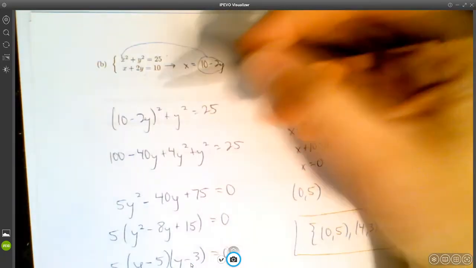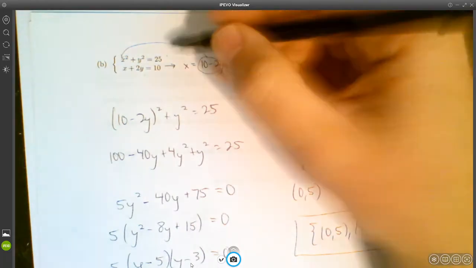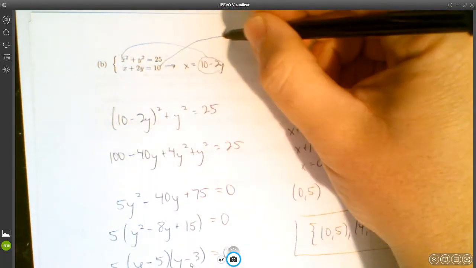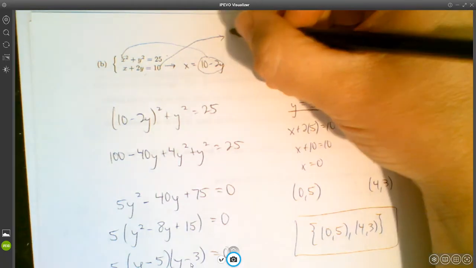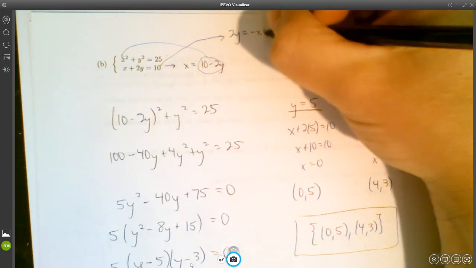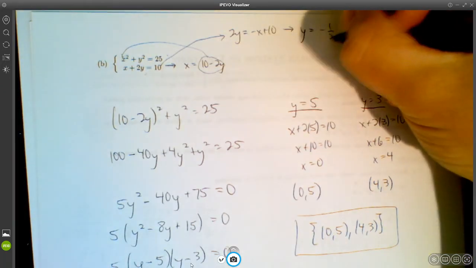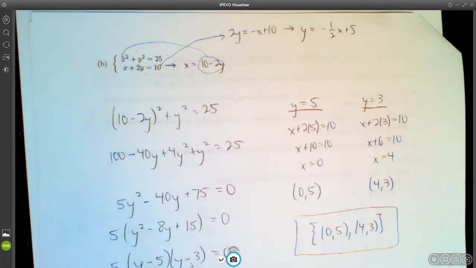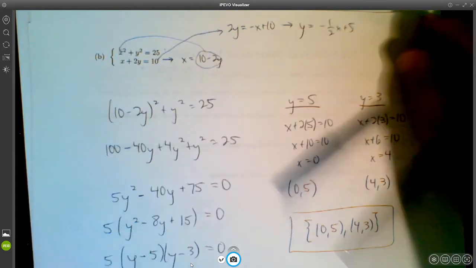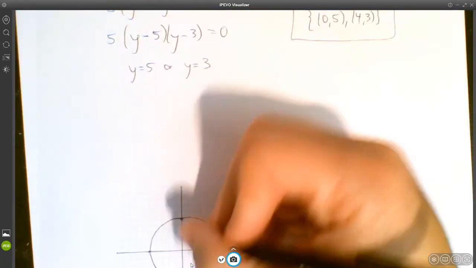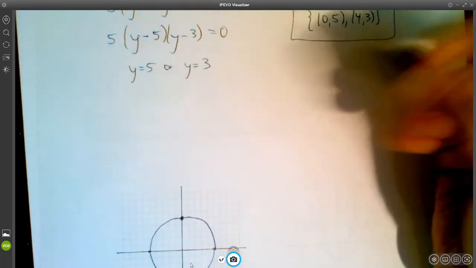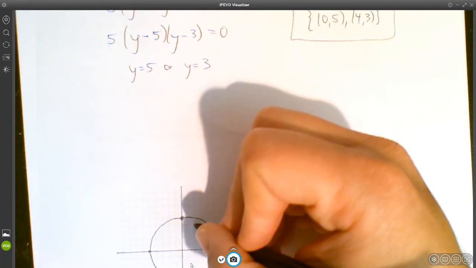Okay, and then the bottom equation. Well, so this is a straight line. If I solve it for y, I would get 2y equals negative x plus 10. So that would mean that y is negative 1/2 x plus 5. All right, so my y-intercept is 5. Right there. And then I'm going to go down 1 over 2.